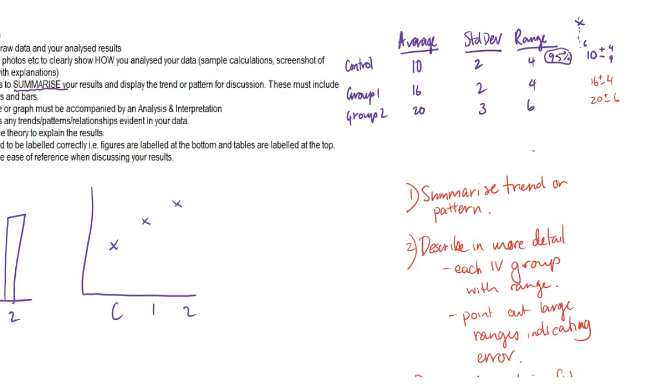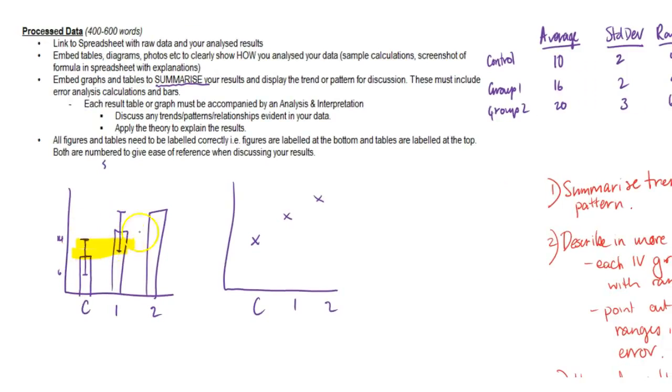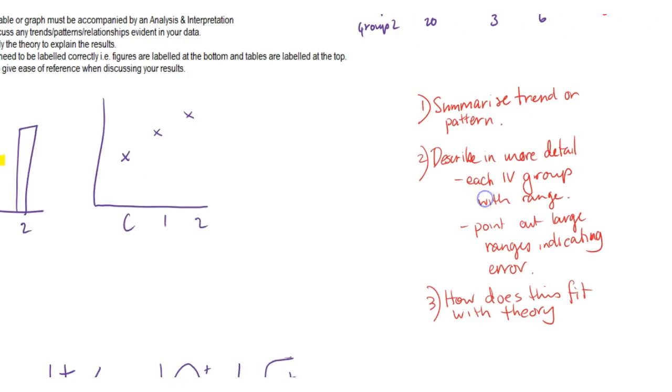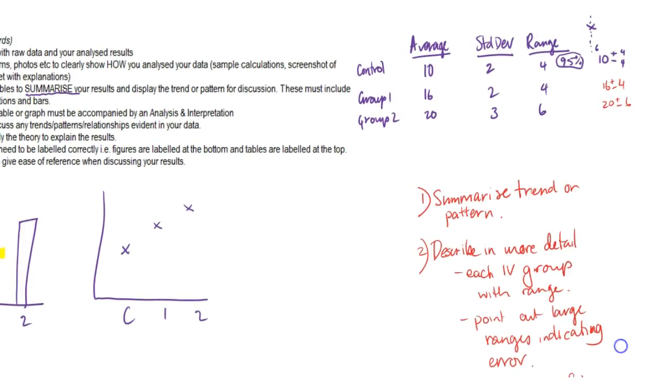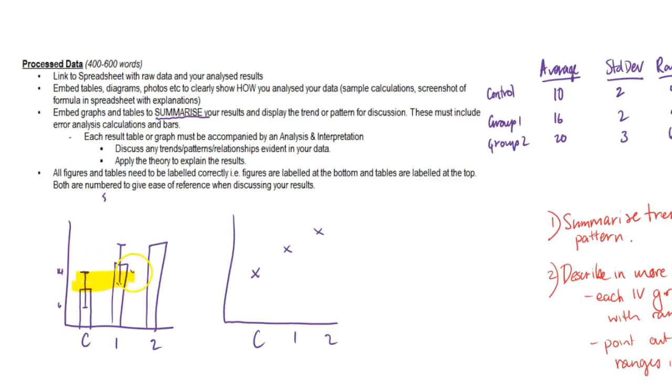That's what you do for your table. For your graph, you can put that in as well and describe that as well. And then you have to point out any large errors that are in there, especially if you see, like in here, that there's an overlap. Point that out. That's important.